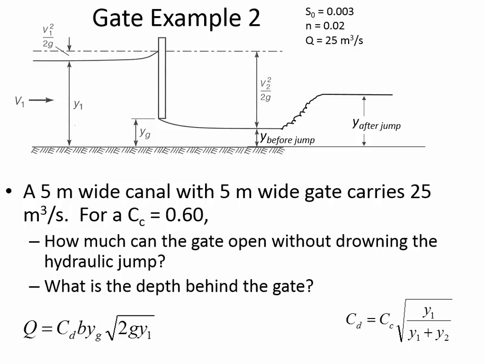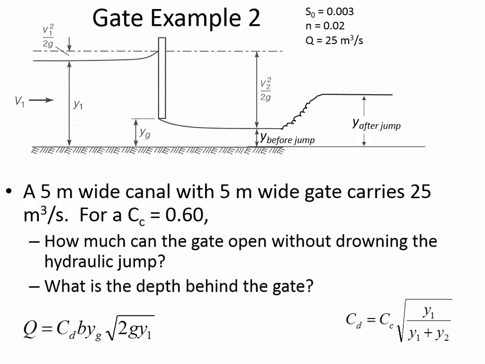And so finally, how big can the gate be opened? Well, what we know is that the coefficient of contraction, the definition of that, is y before divided by the gate height opening. And so what we're really after is finding W. So W is going to be y before the jump divided by the coefficient of contraction.